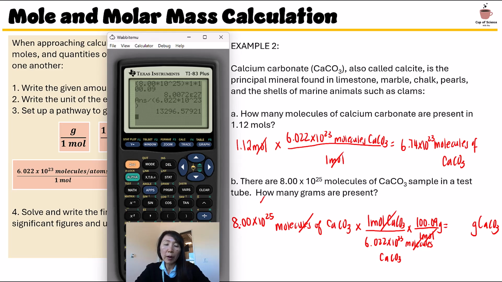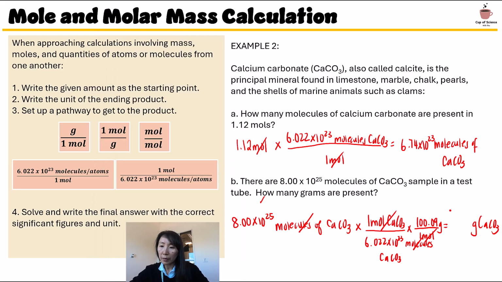So I would probably write this in scientific notation, 1.33 times 10 to the 4th grams. Or you could even write this as 133 and then put the rest of zeros without any decimal point in the end. But definitely put that unit grams for calcium carbonate.